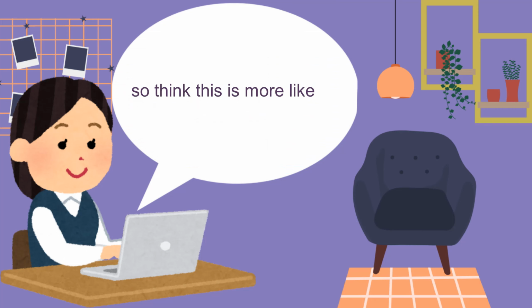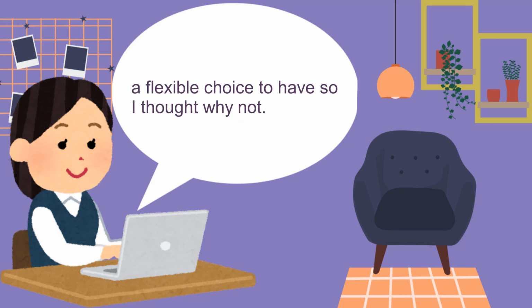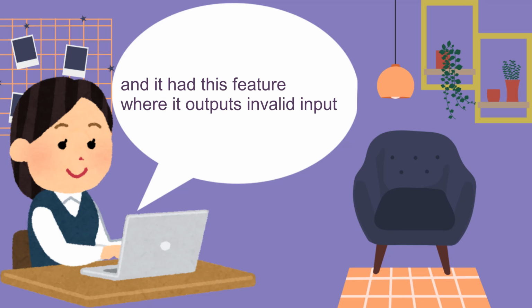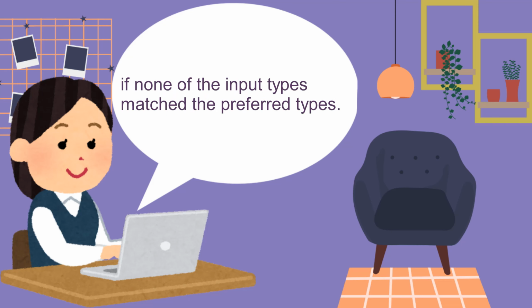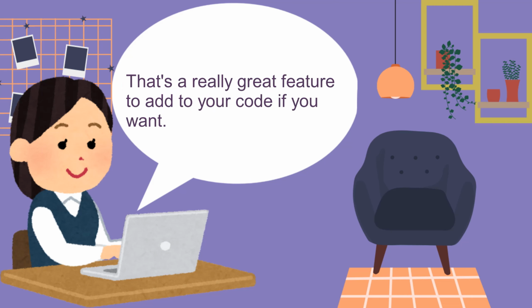So I think this is a more flexible choice to have. So I thought, why not? And it had this feature where it outputs invalid input if none of the input types matched the preferred types. That's a really great feature to add to your code if you want.